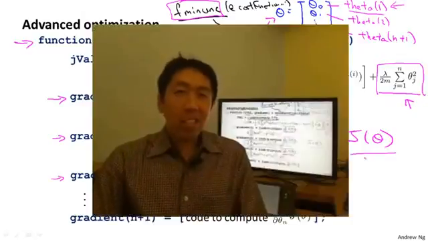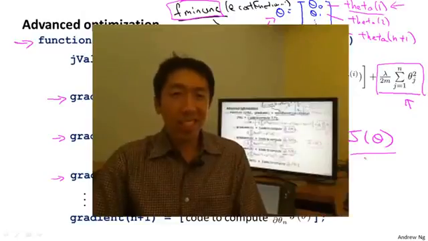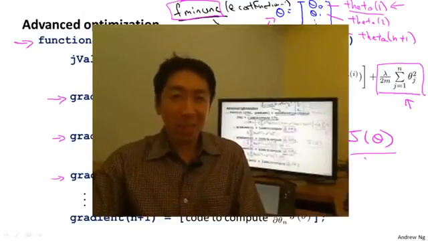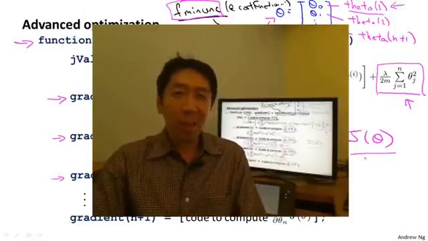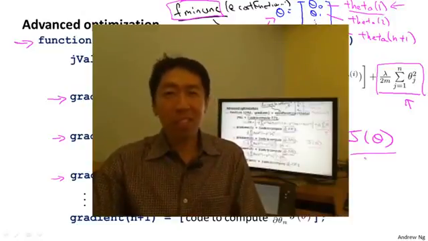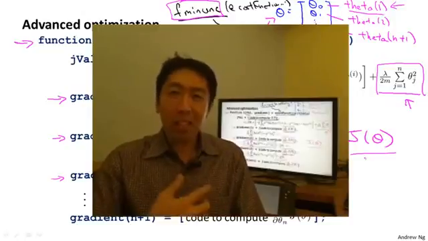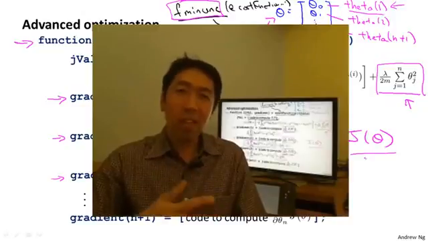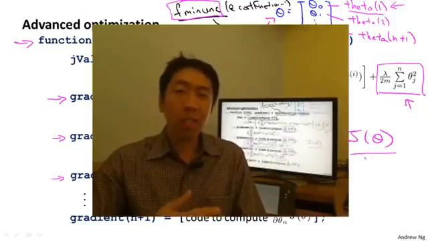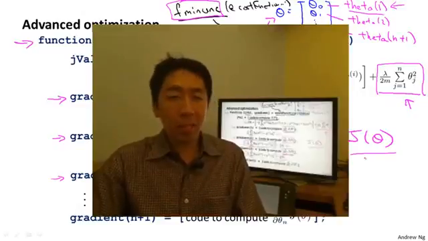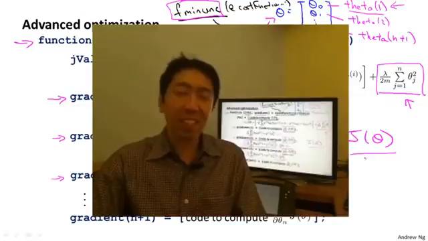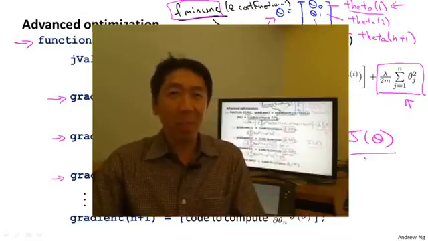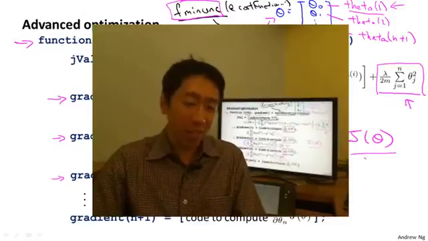I live here in Silicon Valley, and there are a lot of engineers that are, frankly, making a ton of money for their companies using machine learning algorithms. I know we've only been studying this stuff for a little while, but if you understand linear regression, logistic regression, the advanced optimization algorithms, and regularization, by now you probably know quite a lot more machine learning than many, certainly not all, of the Silicon Valley engineers out there having very successful careers, making tons of money for their companies or building great products using machine learning algorithms.